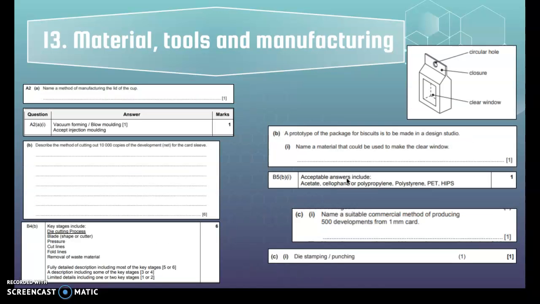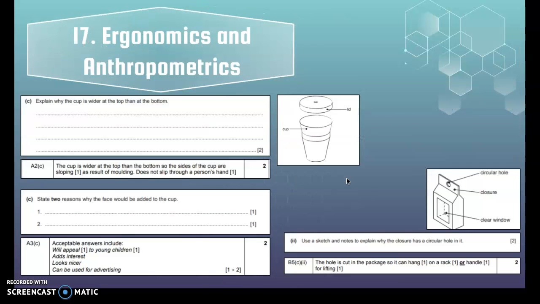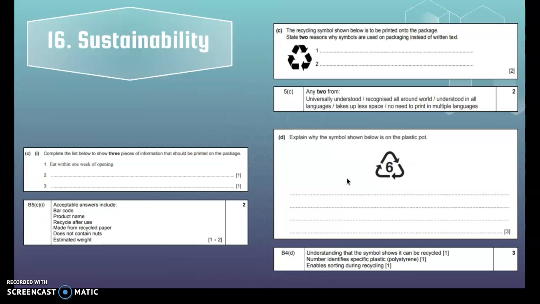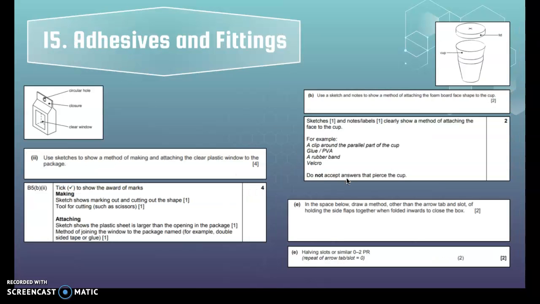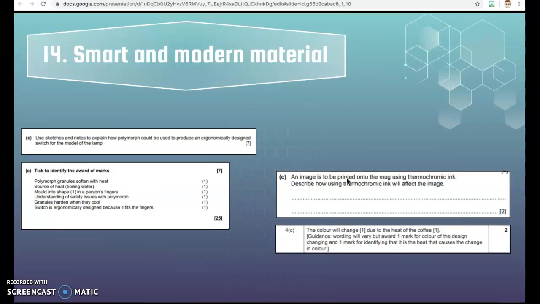So have a go, have a read through them, have a go doing those questions, and see how you get on. They're broken down into different topics such as ergonomics and anthropometrics, sustainability, adhesives and fittings, smart and modern materials, and so on. These tend to be the type of topics that you are questioned on paper 2. Historically, these are the ones that have come up the most regularly.